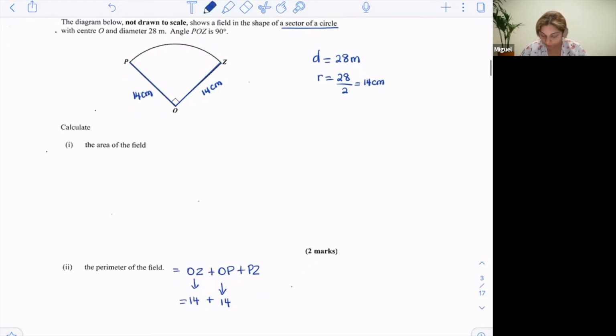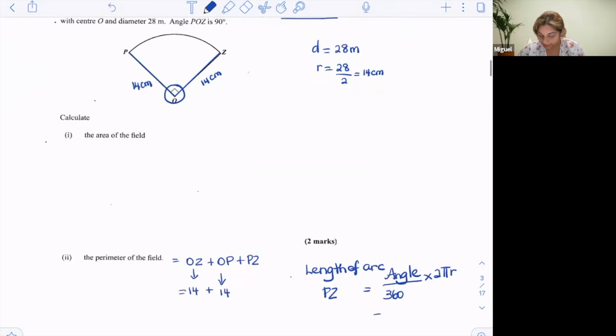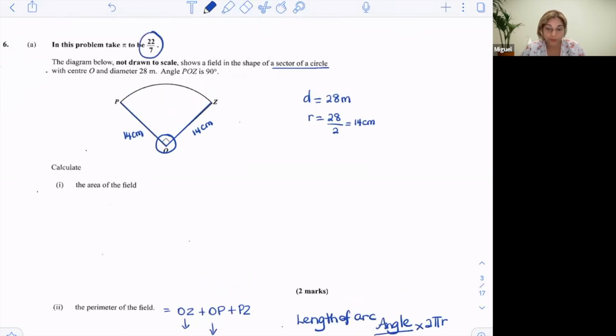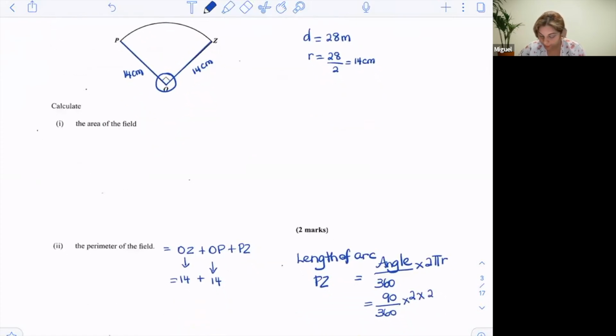The length of the arc is the angle over 360 multiplied by 2 pi r, and here the angle is 90 degrees. They told you to use 22 over 7. So 90 over 360 multiplied by 2 by 22 over 7 by 14. Take it down and work it out and see what you get.